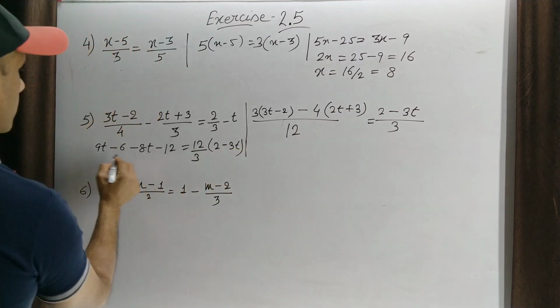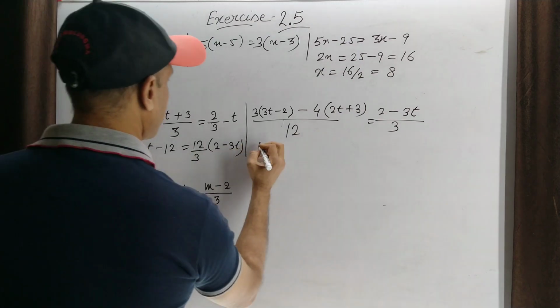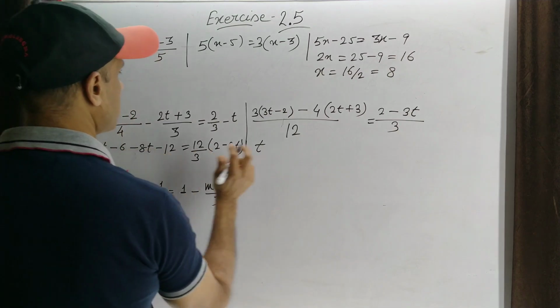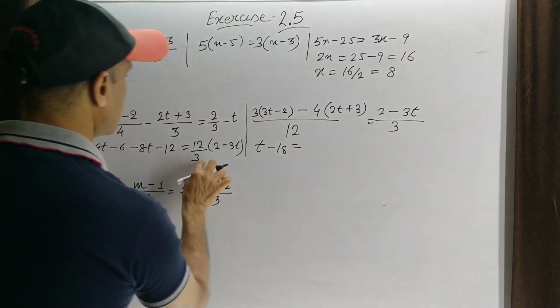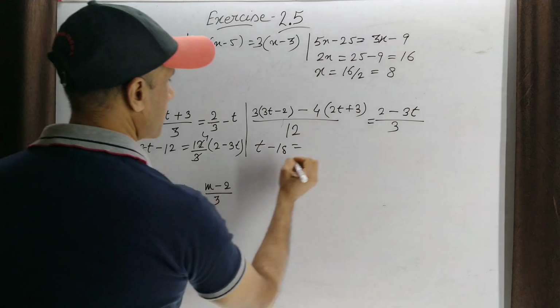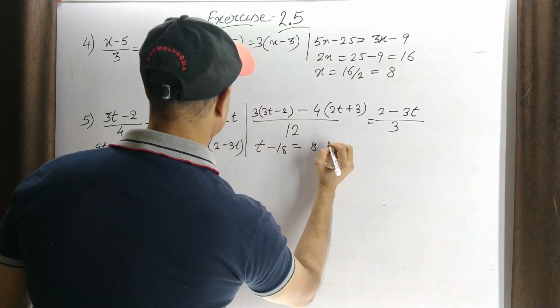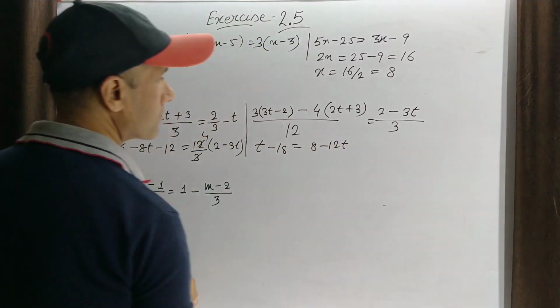So this equation, let's solve this. Here we have left out the t, and this is minus 18 is equal to, this becomes 4, so we get 8 minus 12t, okay?